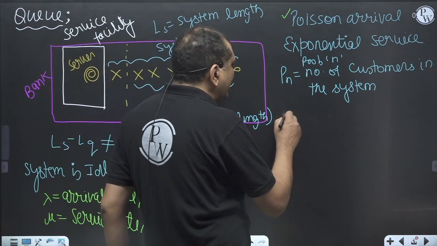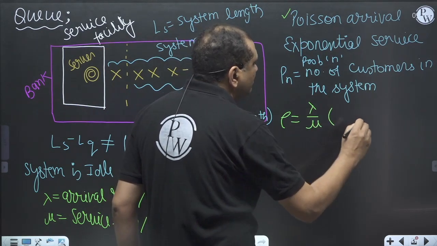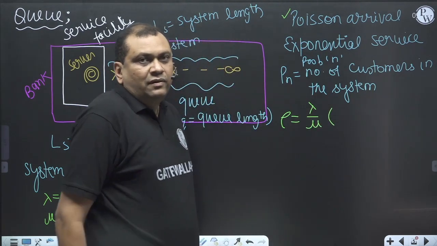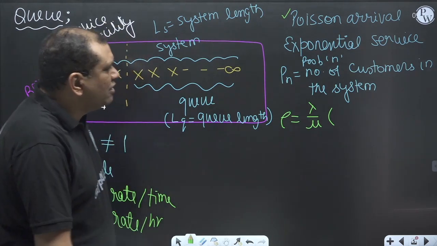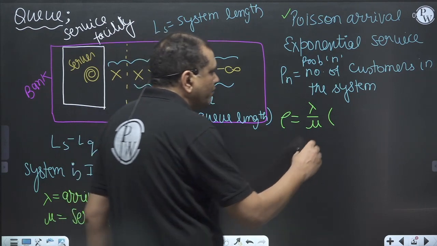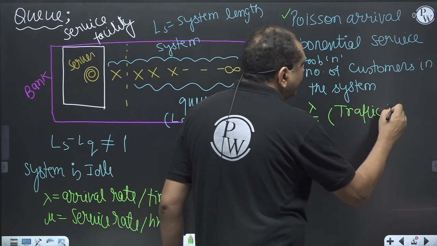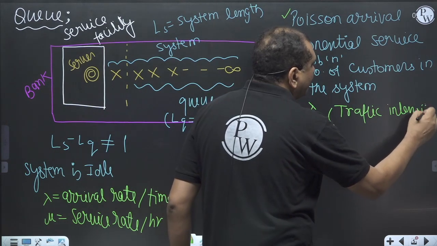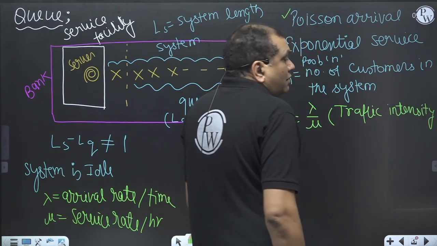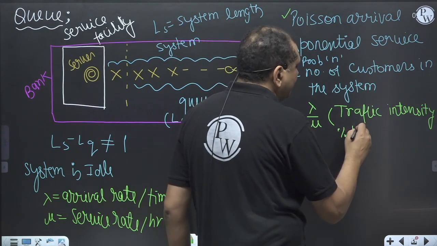Now there is a parameter called rho. It is nothing but lambda by mu. Rho is called percentage utilization or traffic intensity of the facility.